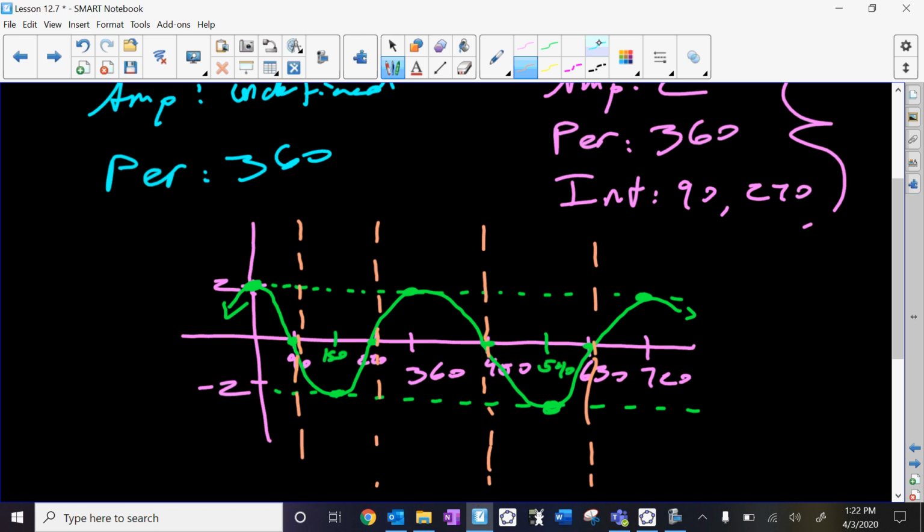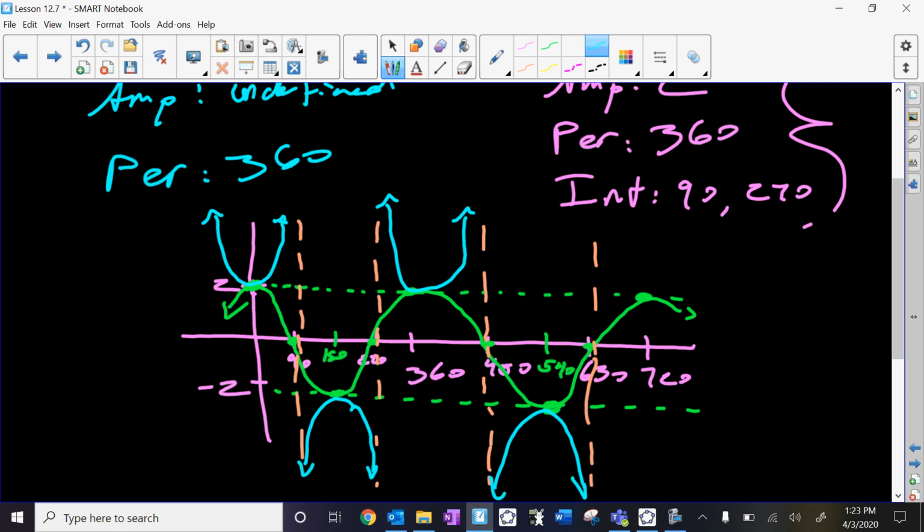And then your secant function, find the bumps. Your secant function is the part that I'm drawing in blue right now. Notice how I'm not trying to cross the asymptotes as I do this.